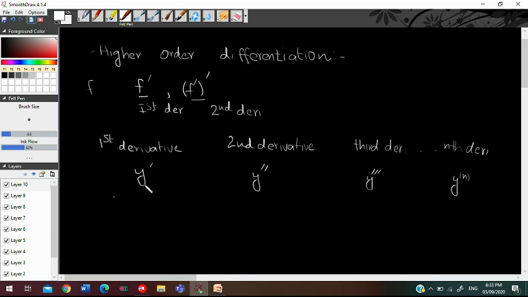Again, y prime means dy by dx, and double prime means d square y by dx square, and y triple prime means d cube y by dx cube, and the nth derivative is differentiating y with respect to x n times.